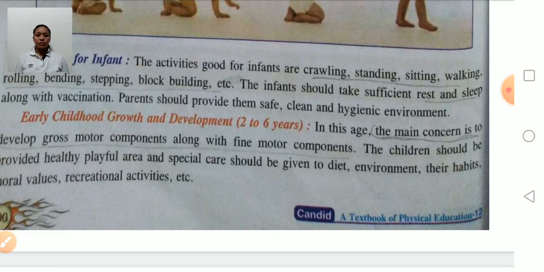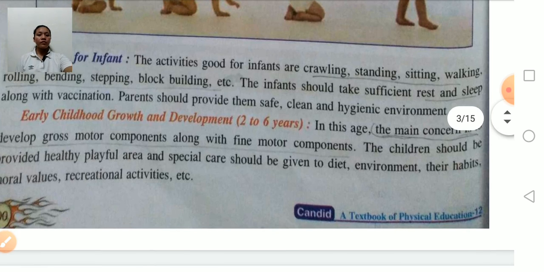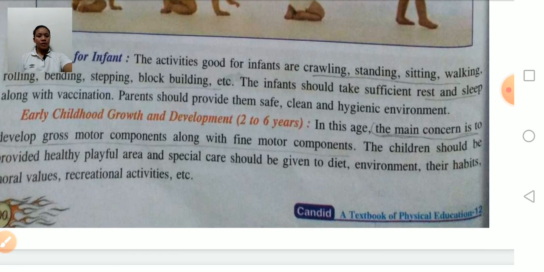At the age of 2 to 6 years, the concern should be on gross motor development, big muscle development, along with fine motor development, small muscle development. The child should be provided a healthy playful environment, playful area, and special care should be given to the diet and environment, their habit, their motor value, recreational activity, etc.